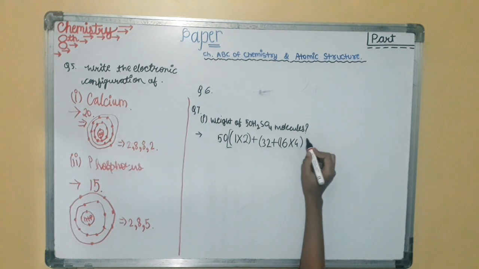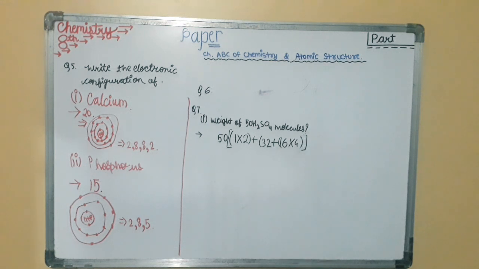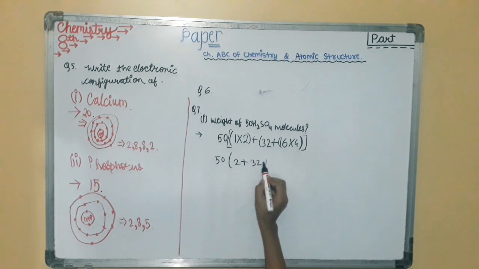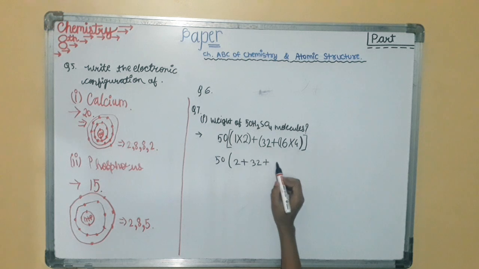Like this. After that, 50 into 1 into 2 is 2 plus 32 plus 16 into 4 is 64.